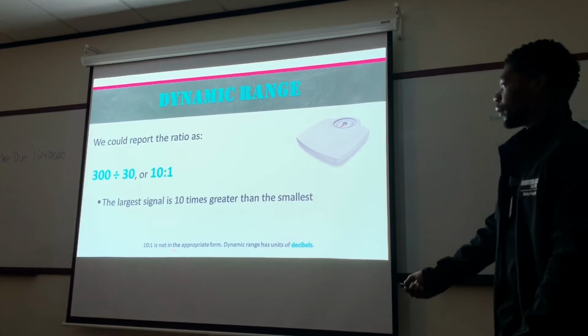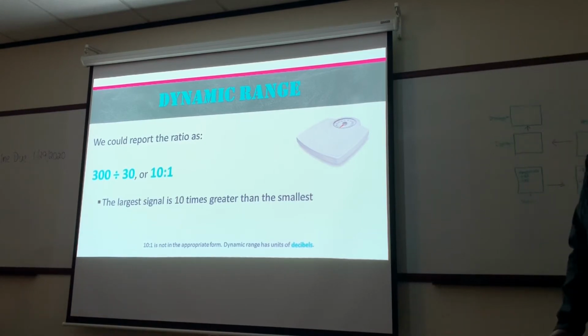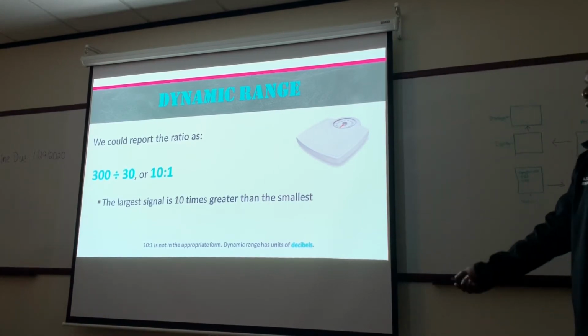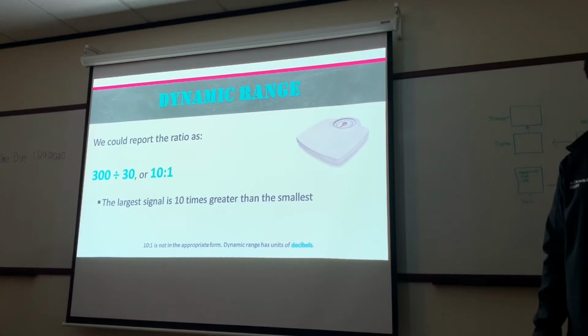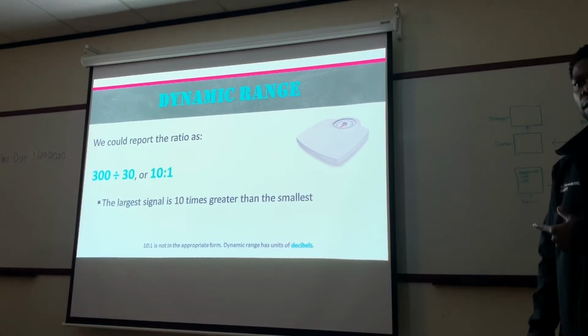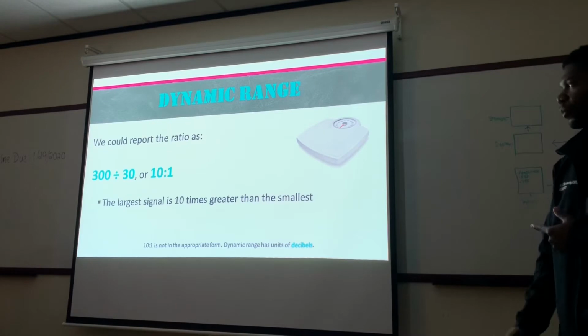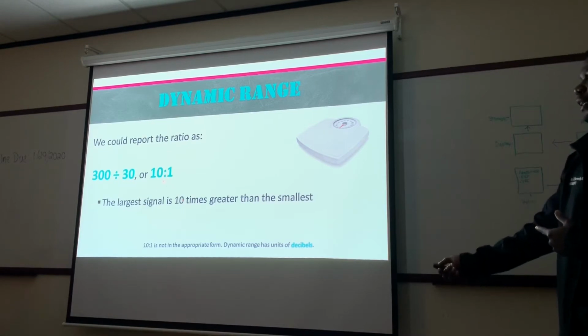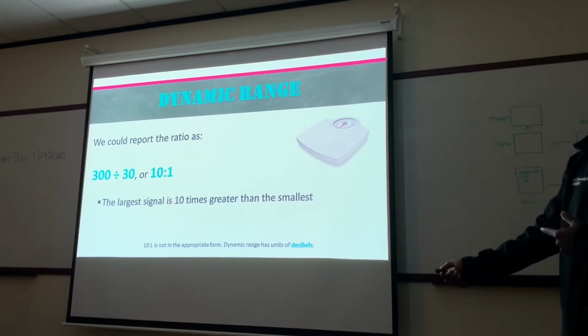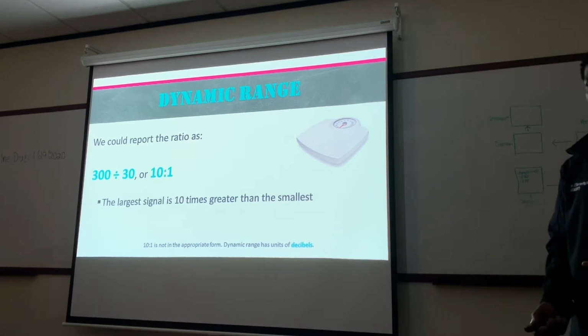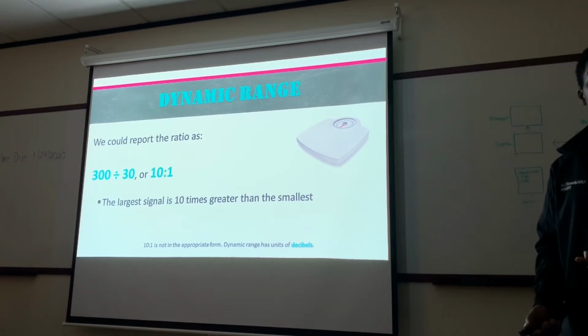10-to-1 is not in the appropriate form, because we know that dynamic range has units of decibels. What is this decibel? If I had to report this ratio in decibels, what is it? 10 decibels.